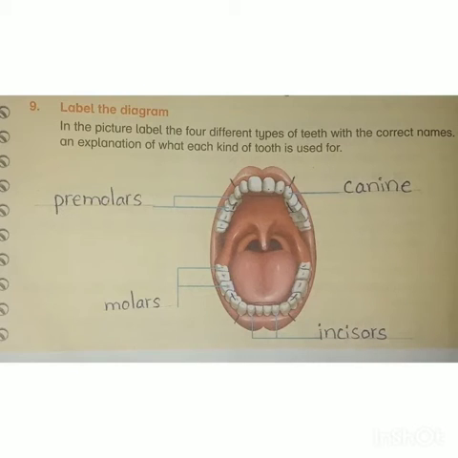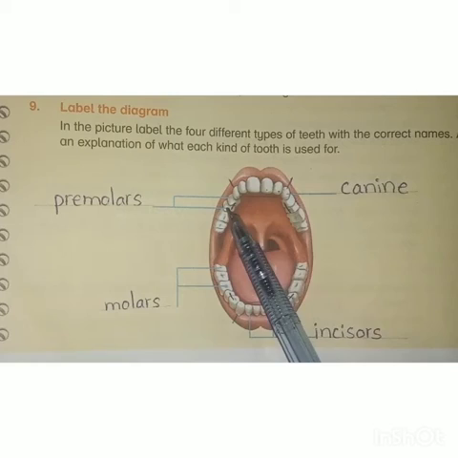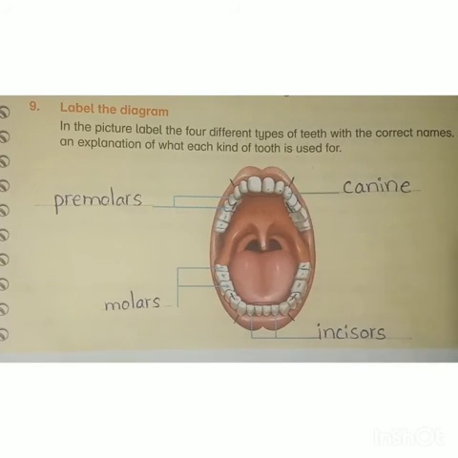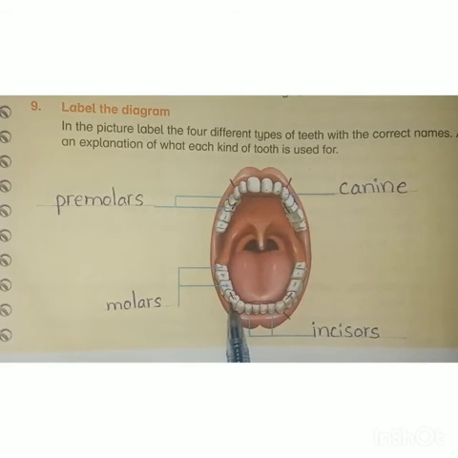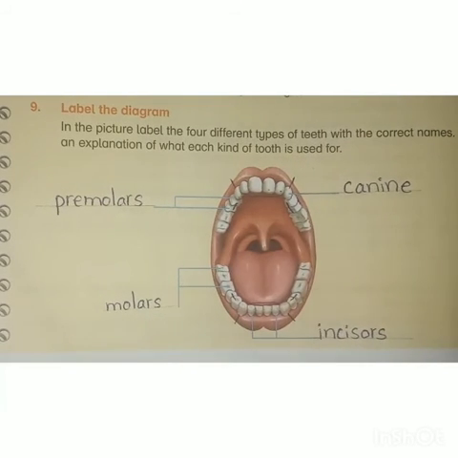And premolars are 8 in total. 4 premolars are present in the upper jaw, and similarly 4 premolars are present in the lower jaw. Premolars are strong teeth, and these are used for crushing and grinding food into smaller pieces.